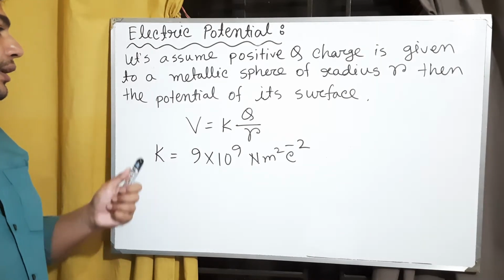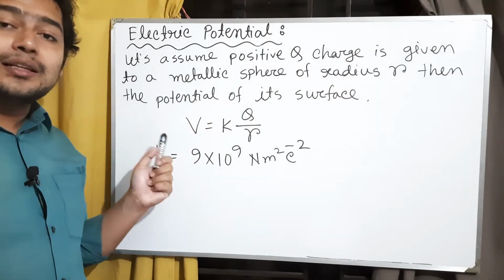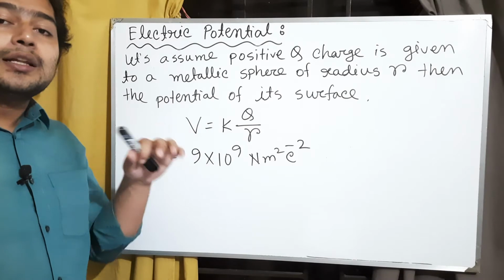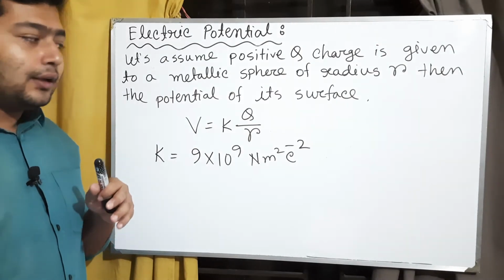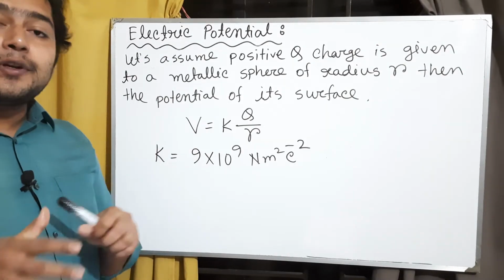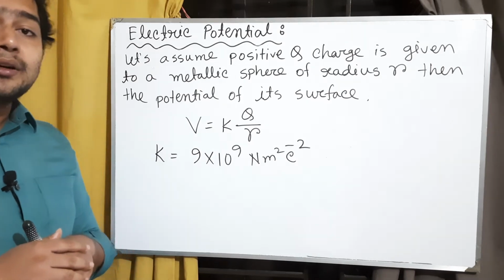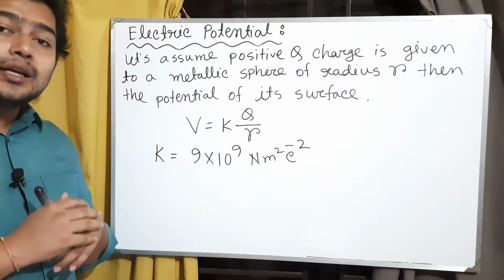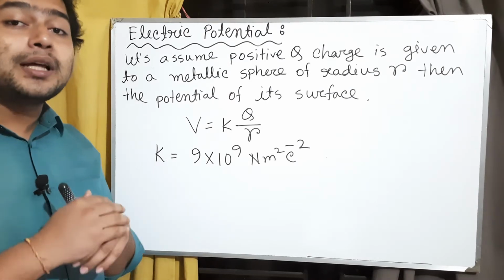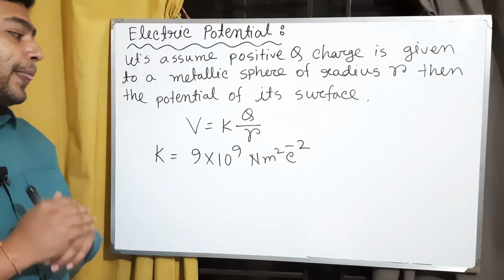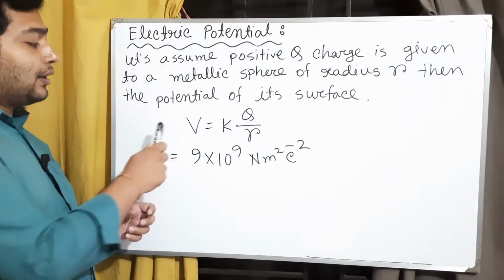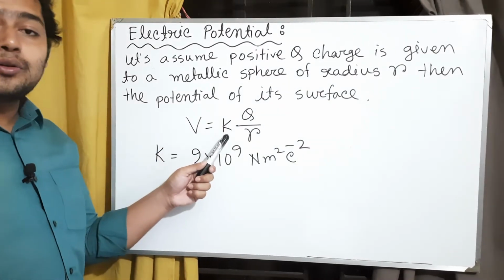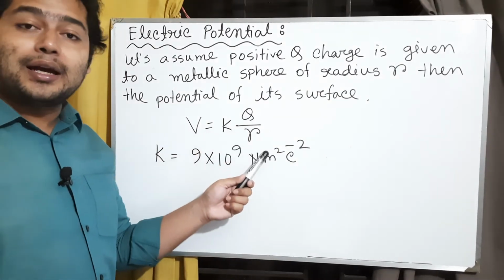This potential is for the surface of the sphere, because the positive charges are situated on the surface of the sphere. And here we get V equal to K into Q by R.